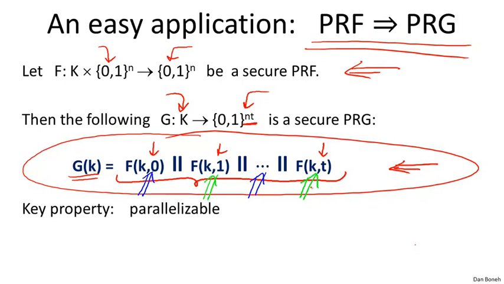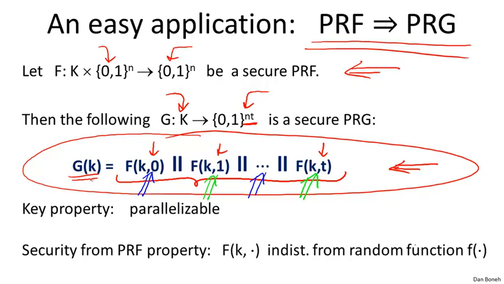The nice thing about this is, of course, that pseudorandom generators give us stream ciphers, so this is an example of a parallelizable stream cipher. Many of the stream ciphers that we looked at before, for example RC4, were inherently sequential. So even with two processors, you couldn't make the stream cipher work any faster than with a single processor. Now the main question is, why is this generator secure?